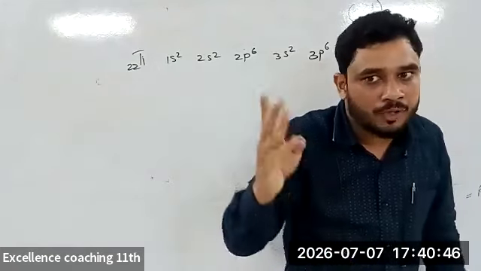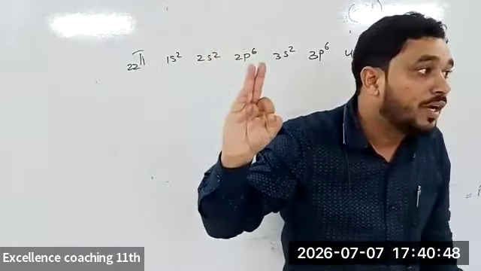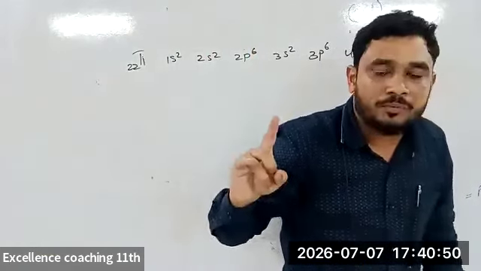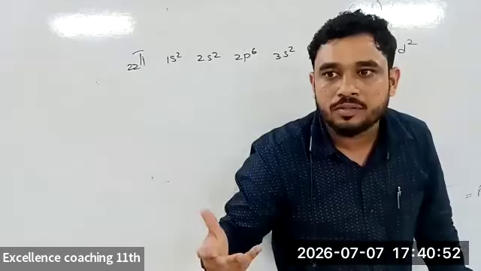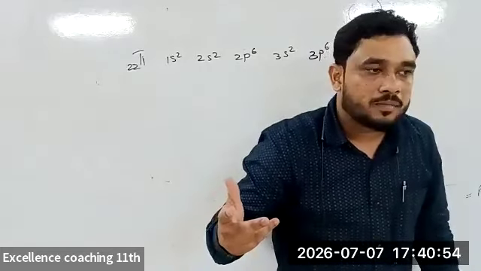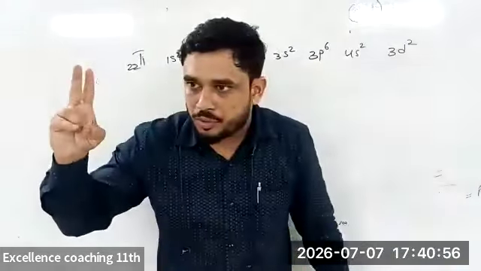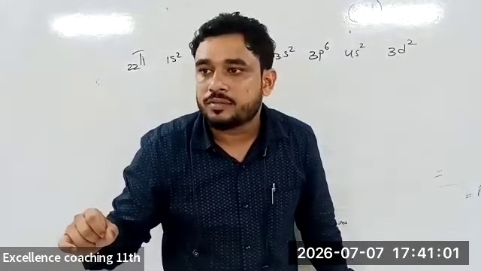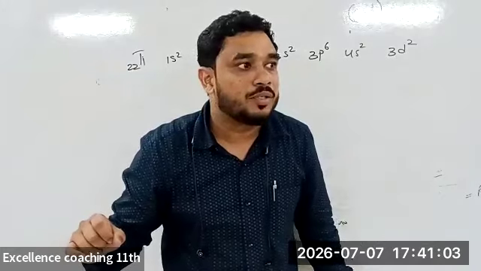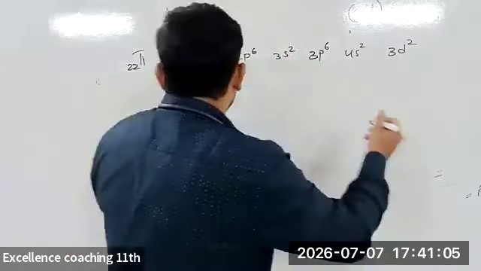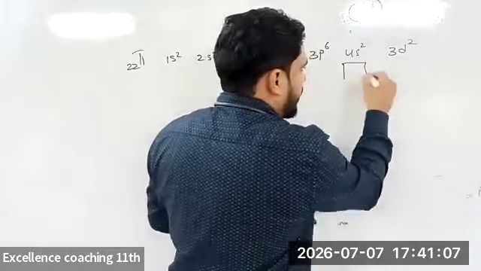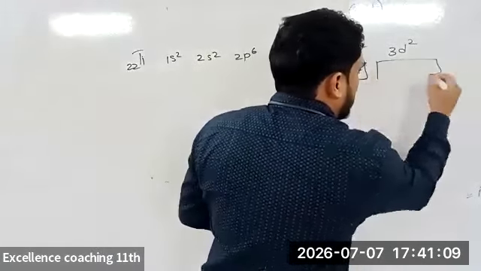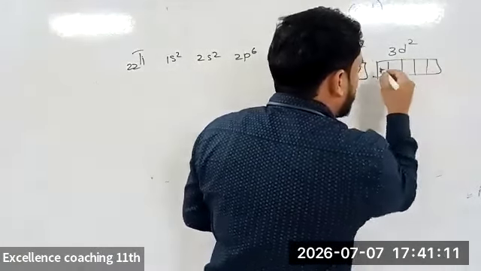So I will remove the first electron from 4s. Second electron from where? I have to remove 2 electrons. Yes or no? First electron I will remove from 4s. Second electron? 4s. Third electron? 3d. I will just draw this part. 1, 2, 3, 4, 5.